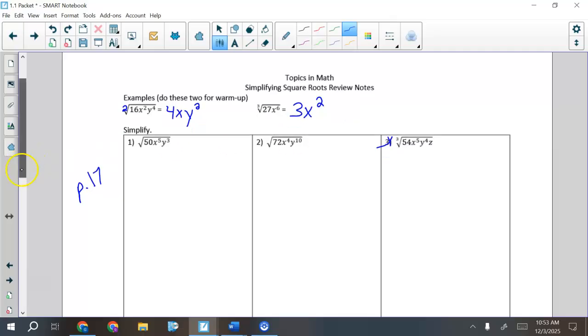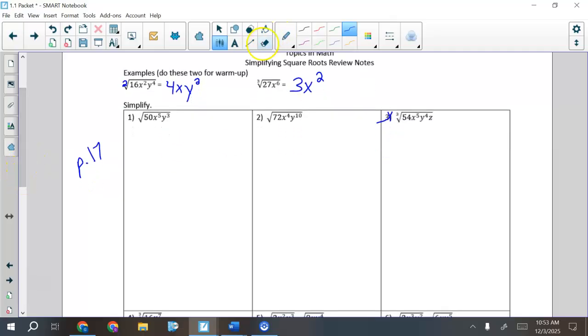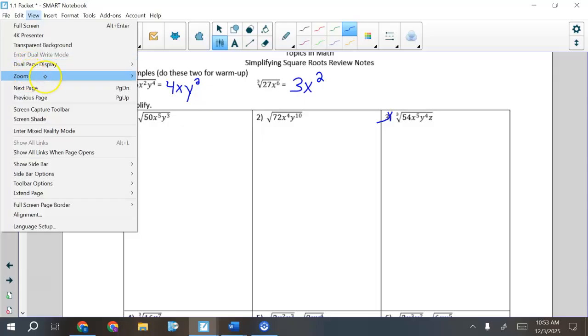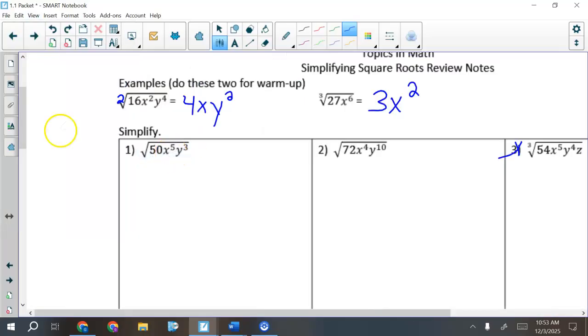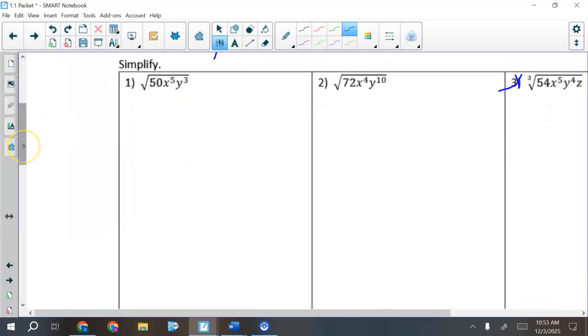All right, so let's go ahead and look at when they don't work out perfect, when we have some left under the radical. So again, we're on page 17 here in your packet. If we have the square root of 50, we're going to think of that just like we would if it didn't have the x's and y's with it.